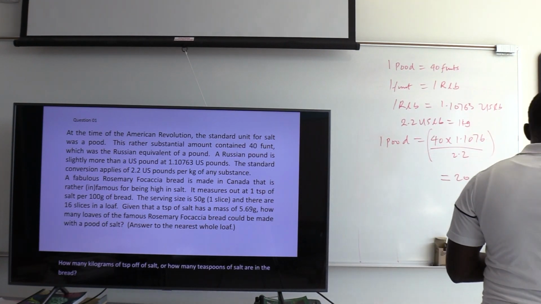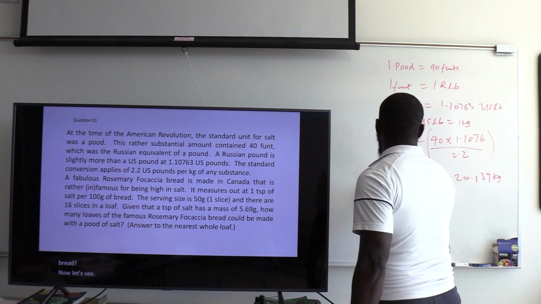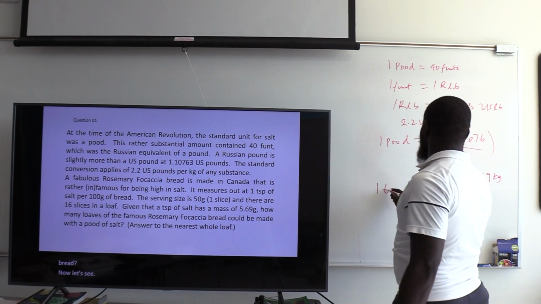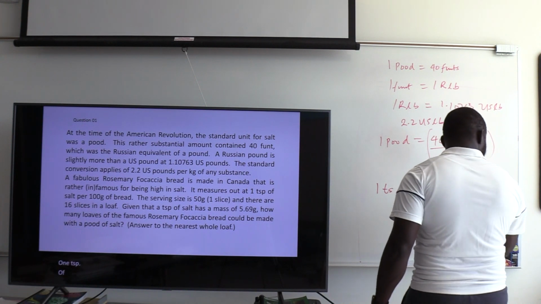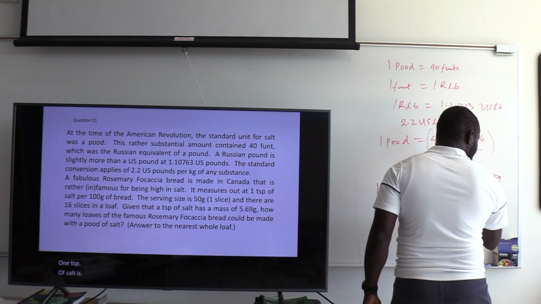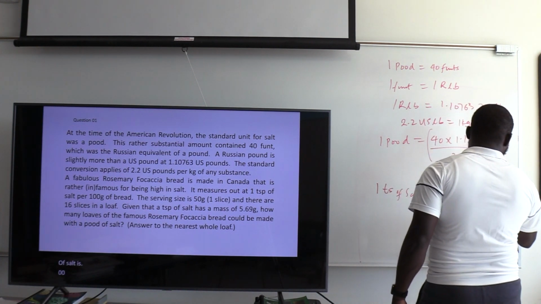Okay, so now let's see. 1 teaspoon of salt is 0.00569 kilograms.